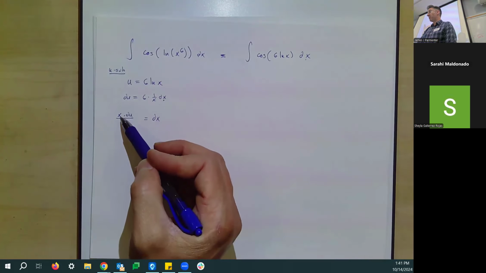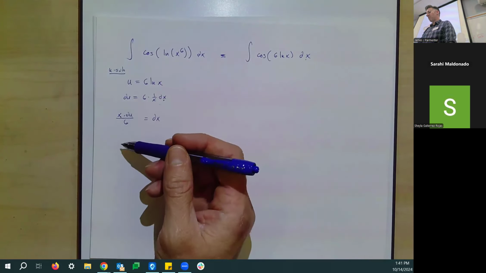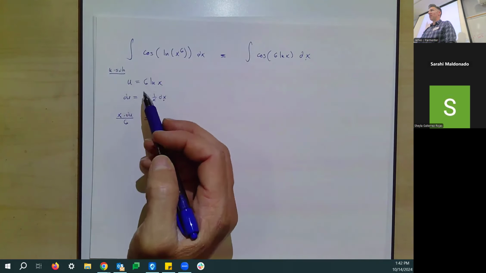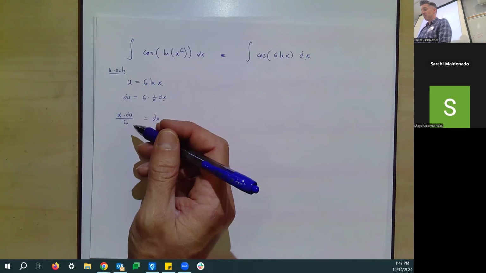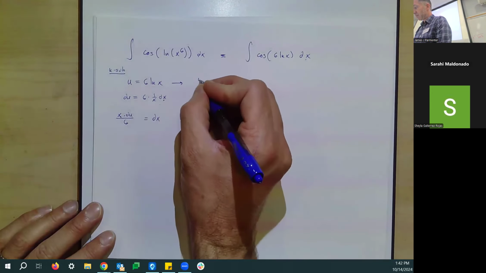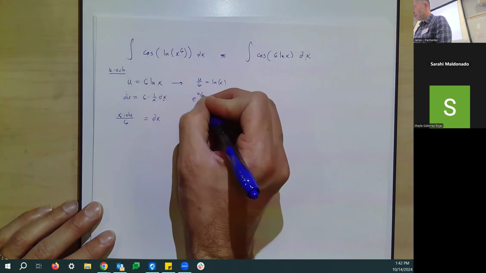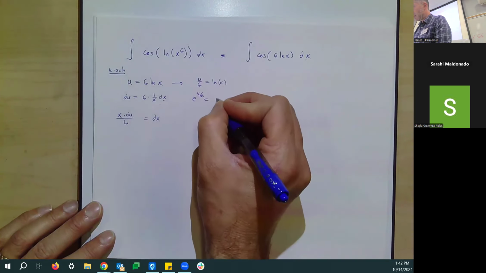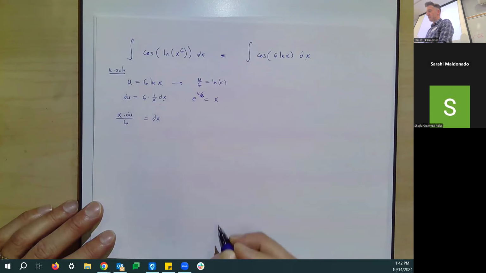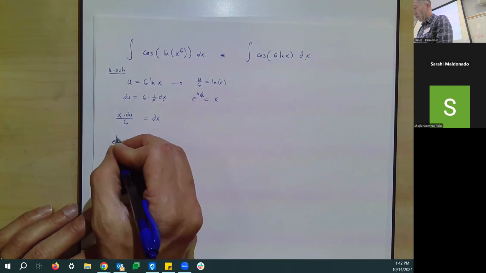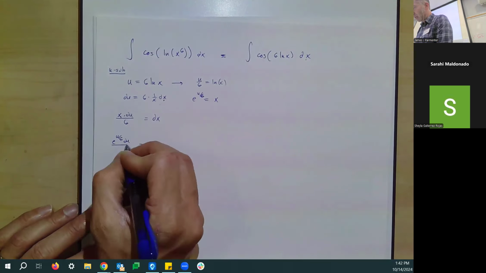So if you solve for x here, then x is going to equal e to the u over 6. So this dx is actually equal to e to the u over 6 times du over 6.